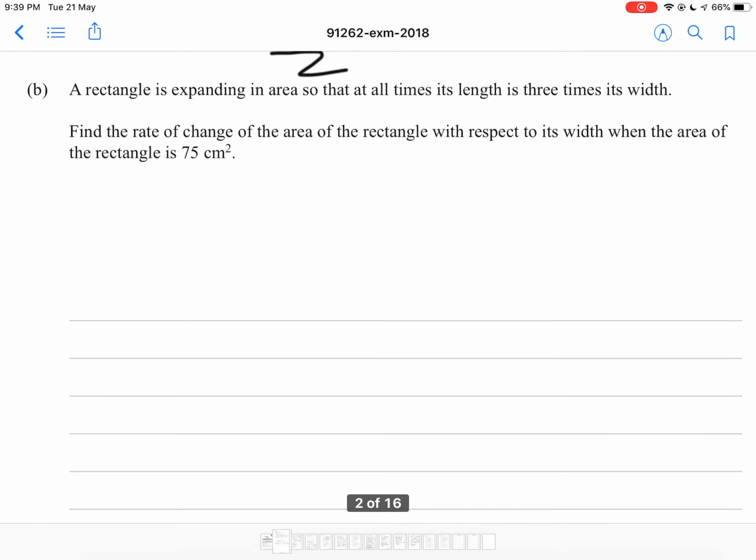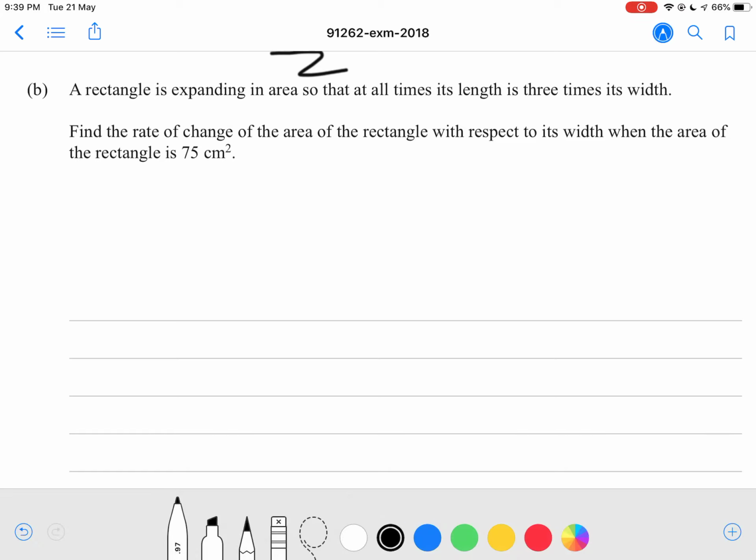A rectangle is expanding in area so that at all times its length is 3 times its width. Find the rate of change of the area of the rectangle with respect to its width when the area of the rectangle is 75 square centimeters. So the length is 3 times its width. We can say the width is x centimeters, therefore the length is 3x centimeters.